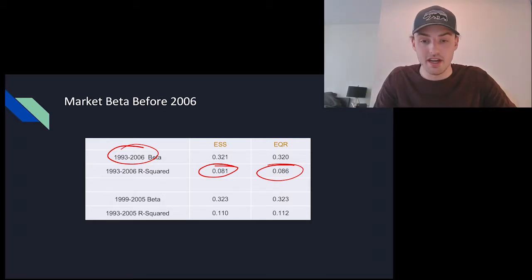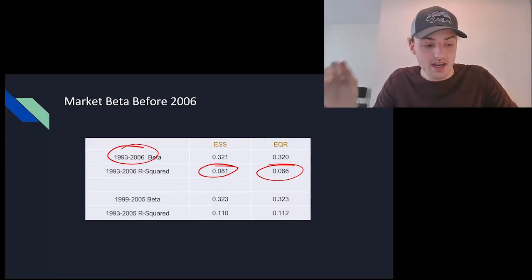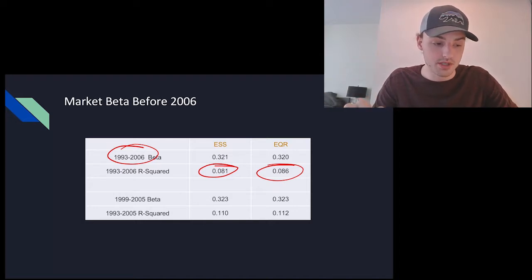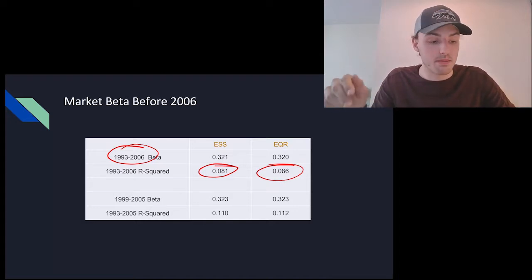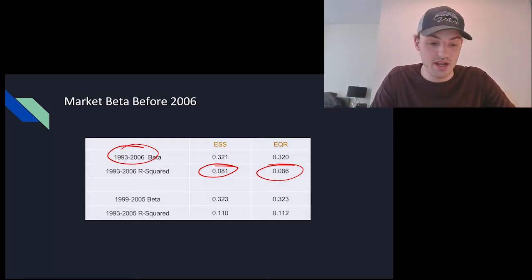And interestingly, these findings that I'm stumbling upon right now, of looking at these asset classes through the lens of 1993 to 2006, is exactly the information that Wall Street and bankers used to guide investment practices that caused the 2008 market crash.